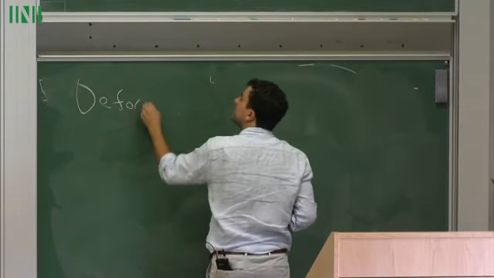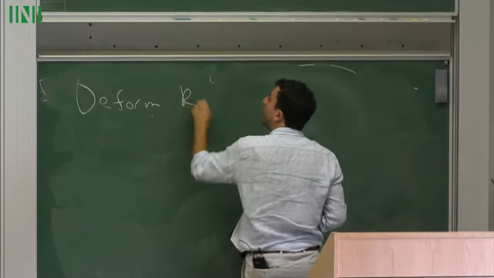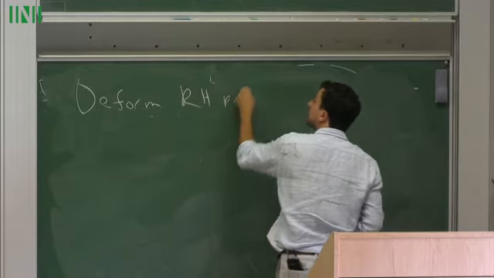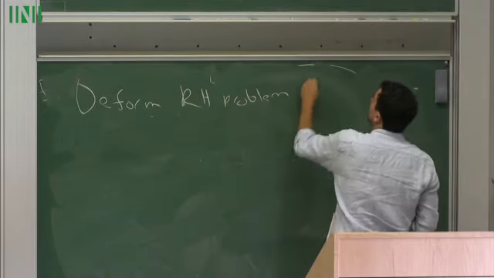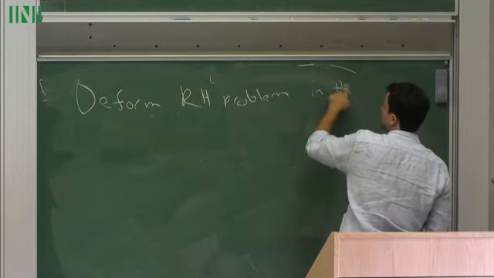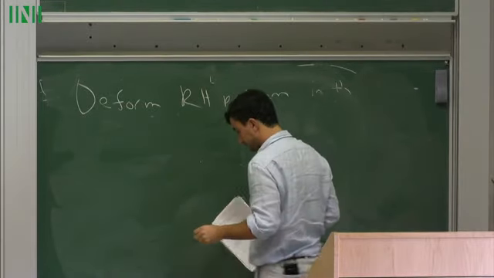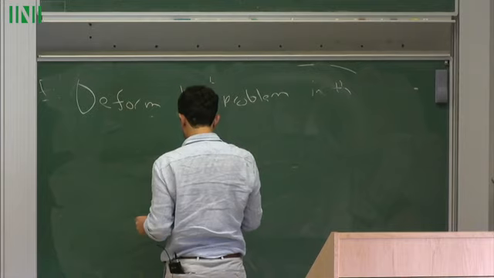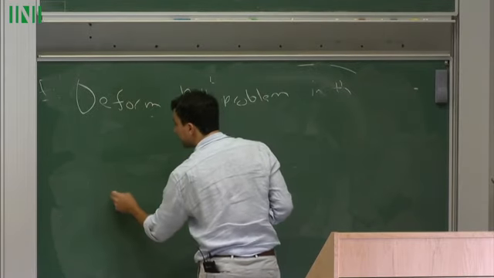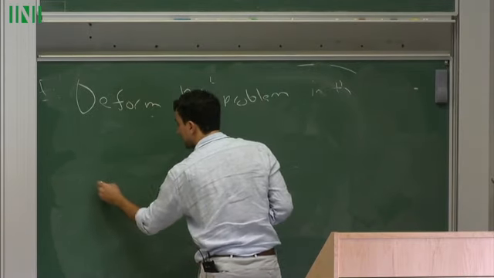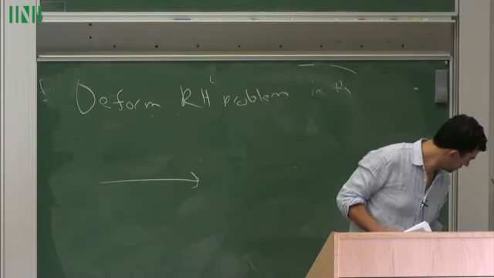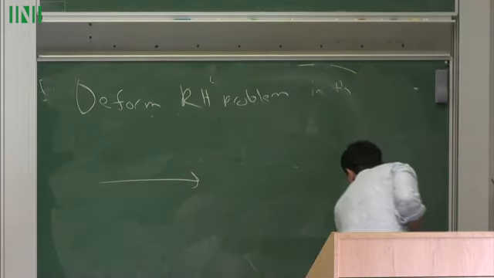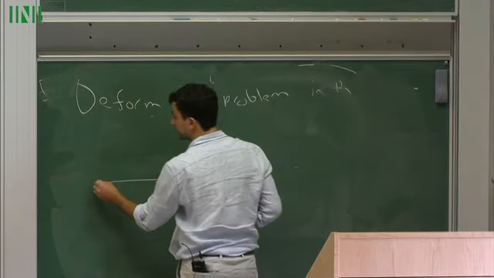So our idea is to deform the RH problem. This is not the same as integral deformation in the complex plane. So how do we do this? Let's say here's our jump, but we want to deform it to this contour.